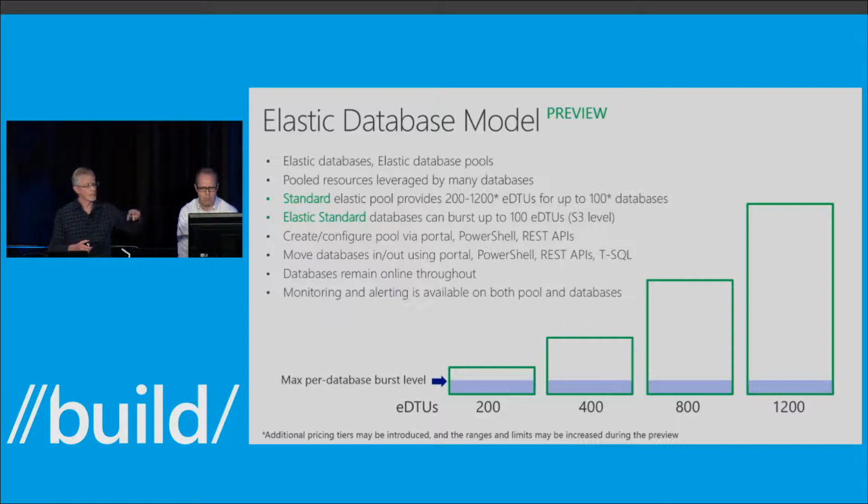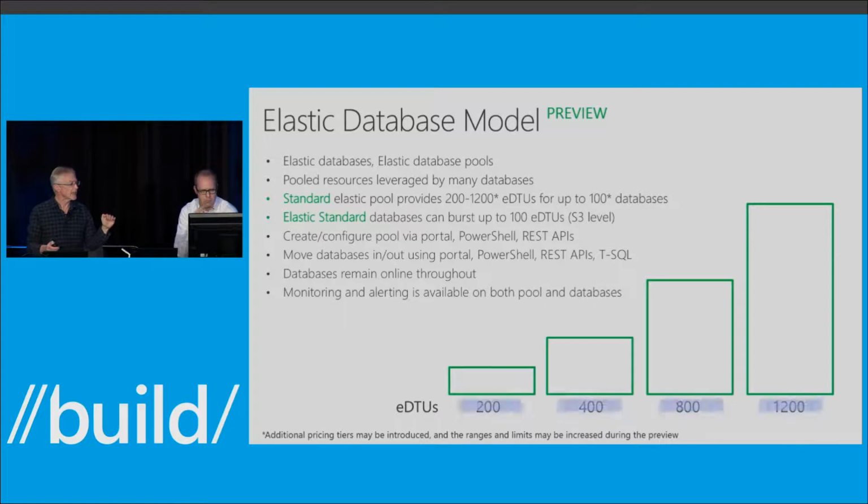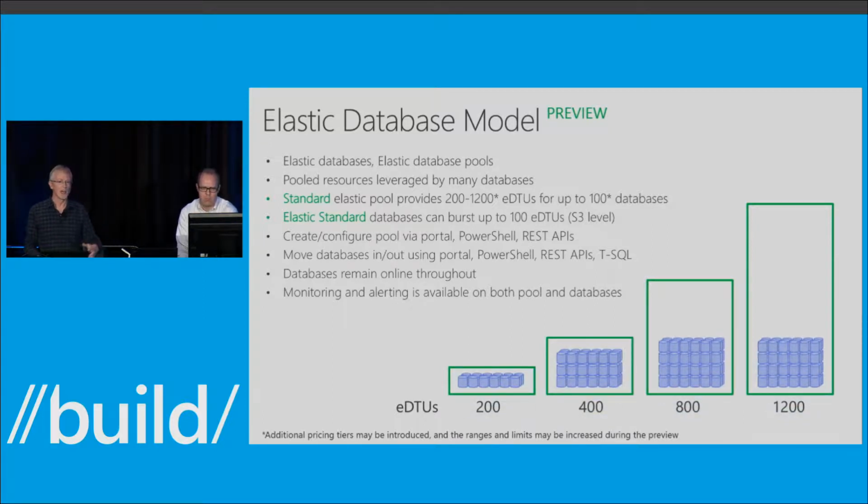If these boxes represent, each scaled to be the height of the pool, 200, 400, 800, and 1200, which are the initial pool size offerings, then you can see how individual databases aren't going to burst all the way up to 1200 DTUs, but they get to burst to this standard level. But what I can do with this is put into it a large number of databases.